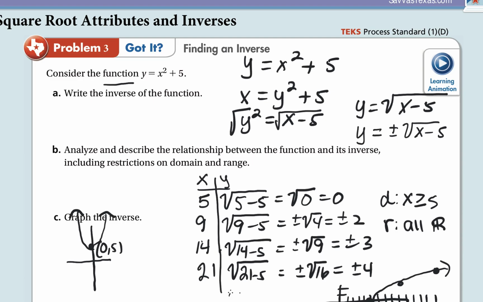So you notice that your domain is going to be all real numbers, and your range is y is greater than or equal to, no, y is greater than or equal to 5.